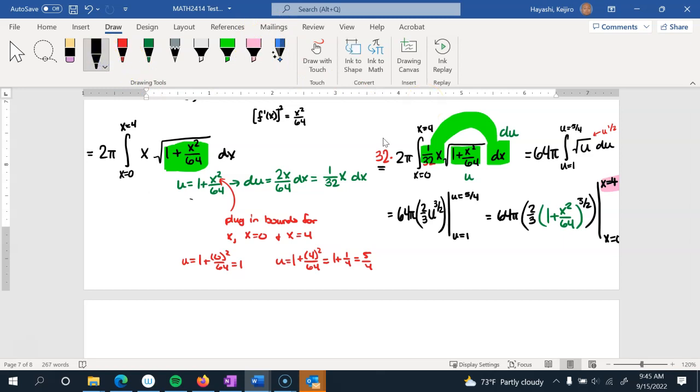So that's 128 over 3 pi. Either way you do this, whether you're plugging in 1 and 5/4 into u or 0 and 4 into x here, you're going to end up with 128 over 3 pi times, I guess the simple way to do this would be 5/4 to the 3/2 minus 1 to the 3/2. And honestly, that's good enough.